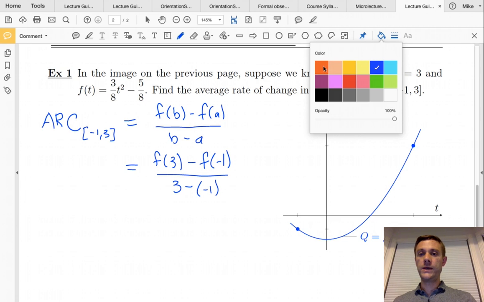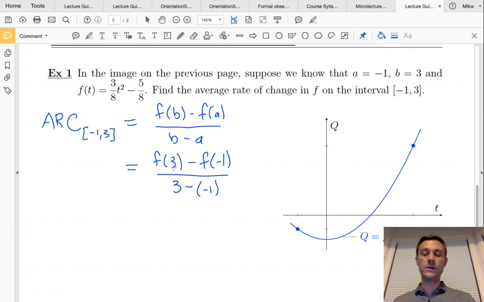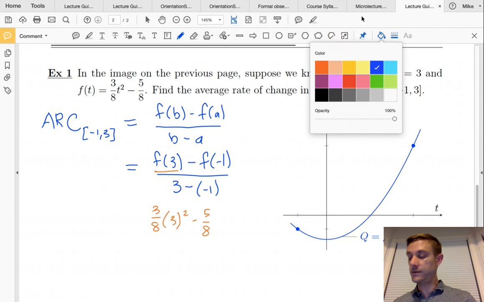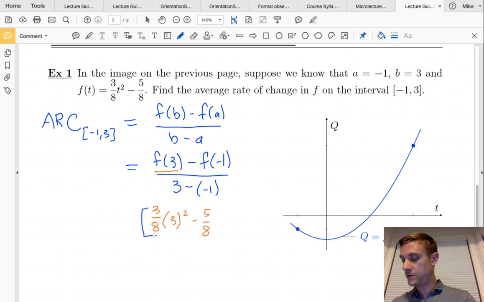So here's where we have to go back to our function, because if we want to make any more progress, we're going to have to do some kind of computation with this. So for instance, f of 3 says go back to our expression here, replace all of the t values with 3 instead, and see what you get. So this is 3/8 and then 3 squared minus 5/8. And I'm going to do some brackets here just to try to track things. So this is all f of 3.